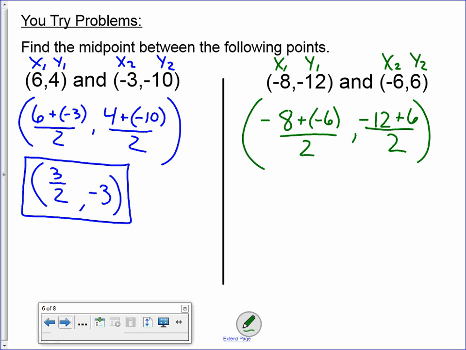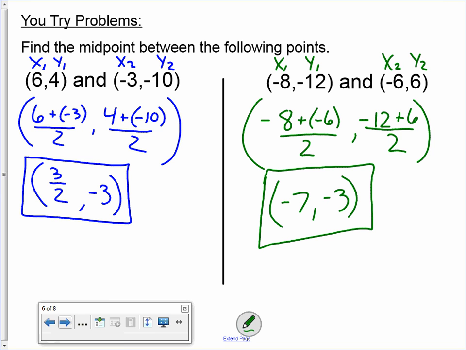Negative 8 plus a negative 6 is negative 14, and negative 14 divided by 2 is negative 7. Negative 12 plus 6 is negative 6, and negative 6 divided by 2 is negative 3. So my answer here, the midpoint is negative 7, negative 3.